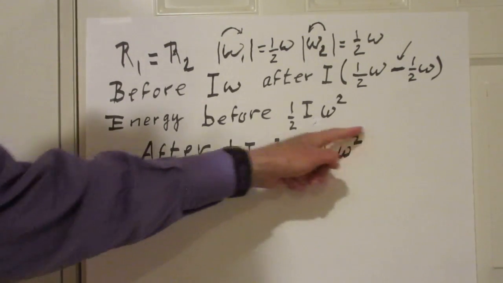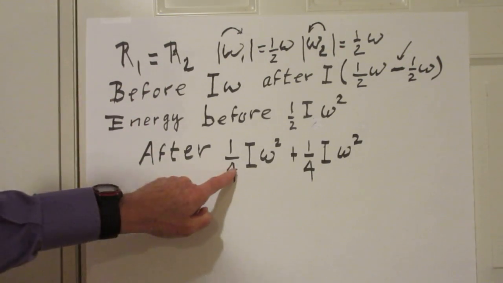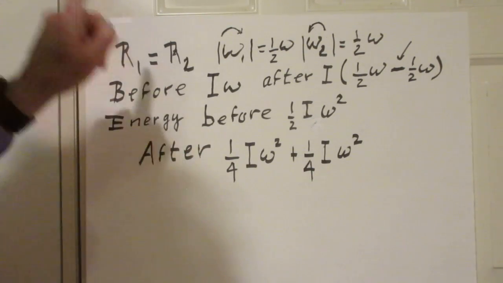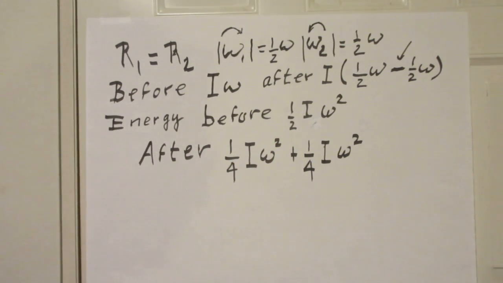And so you see that the total kinetic energy afterwards for this combination is half of what it was before. So you've lost 50% of your kinetic energy. So I hope I have convinced you that angular momentum is not conserved, kinetic energy is not conserved. And that's why this problem is not as easy as many of you have thought.